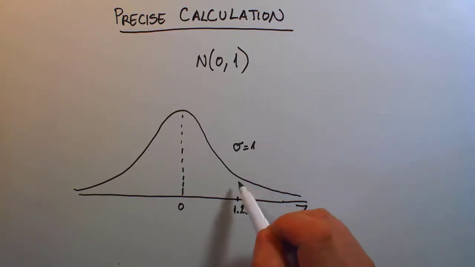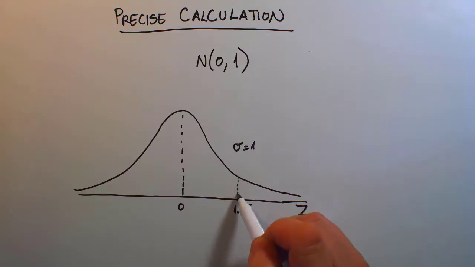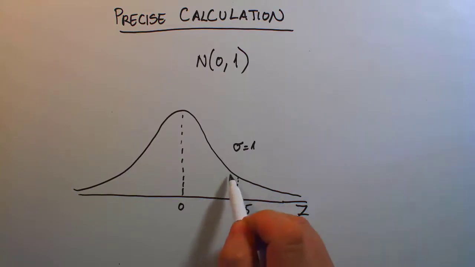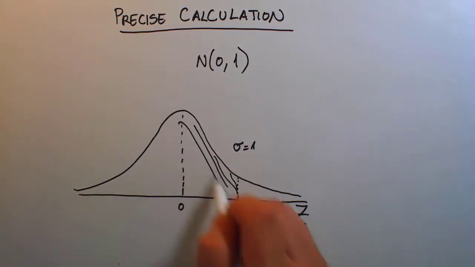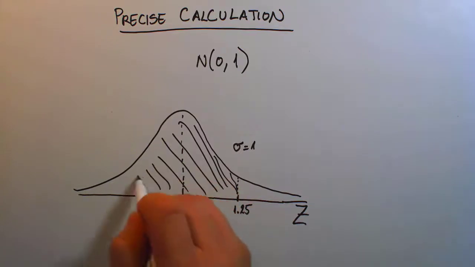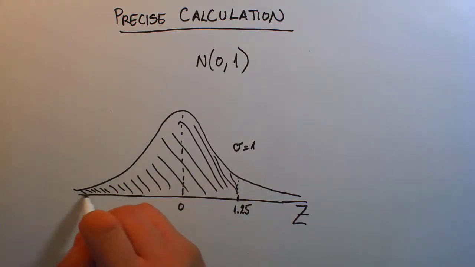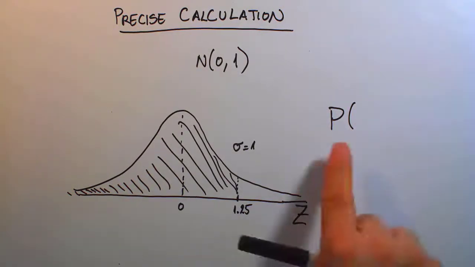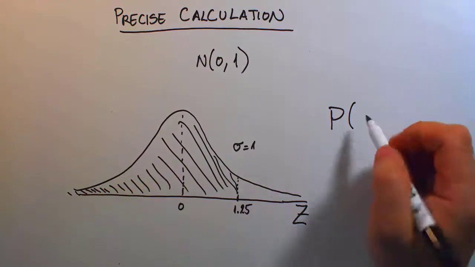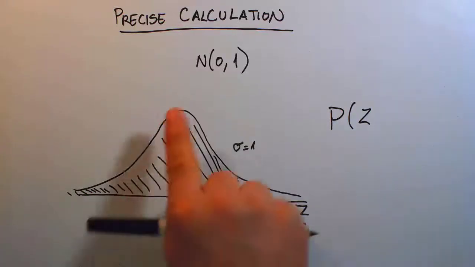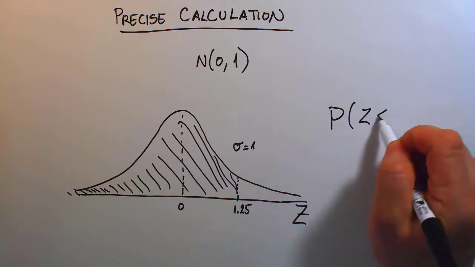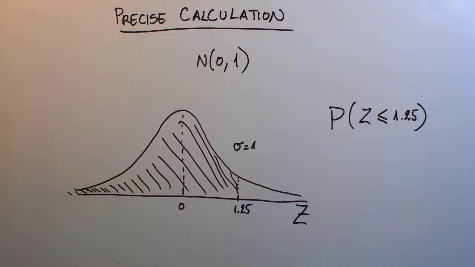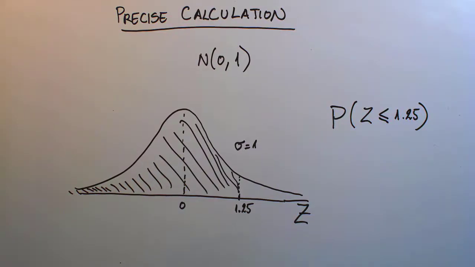But after what I have just explained, no matter where your z-score stands, it will have an area cumulatively to the left-hand side. In this example, let's find that shaded area, which is the probability that on this standard normal bell curve we have a z-score less than or equal to 1.25.